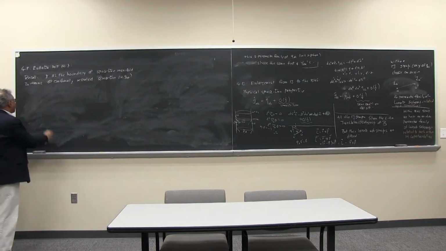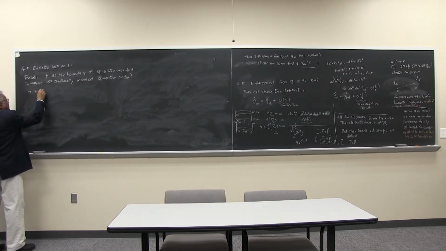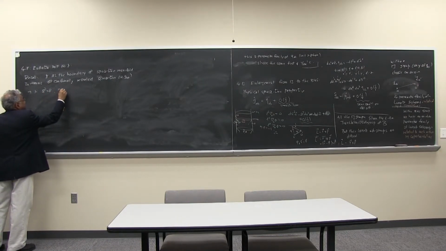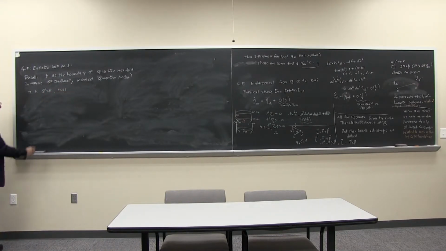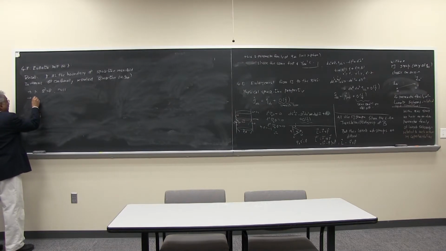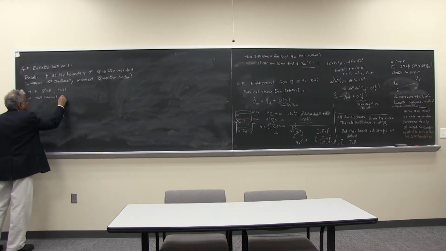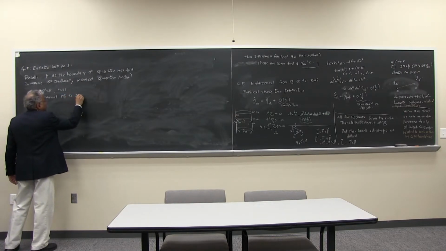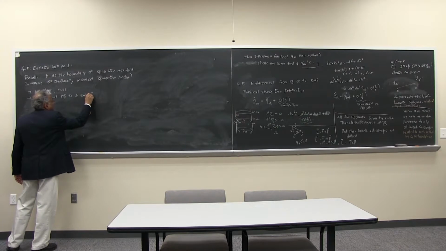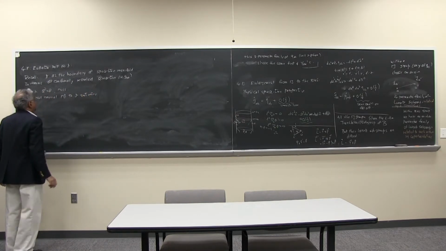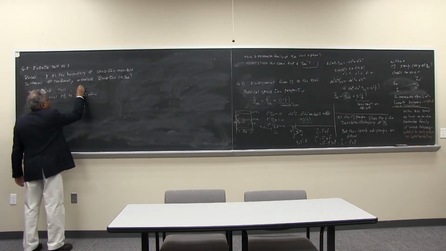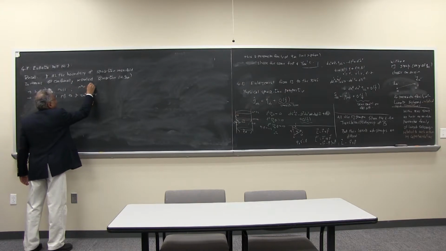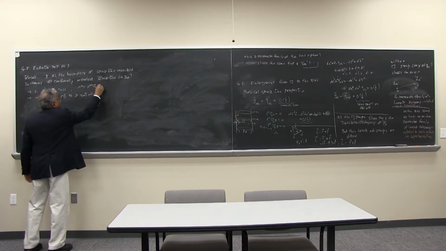Scri has topology S2 cross R, and it is a null manifold. We saw that the null normal n^a to Scri is defined to be g^{ab} grad_b omega.